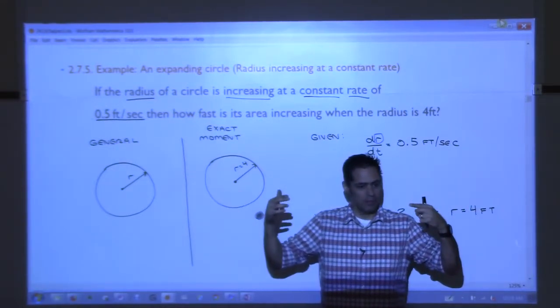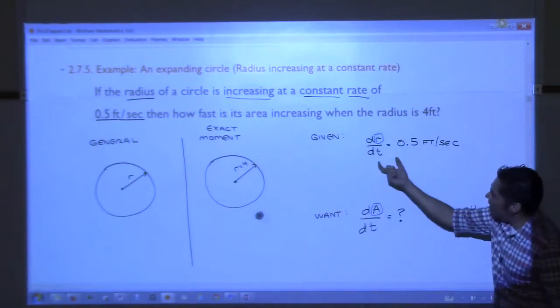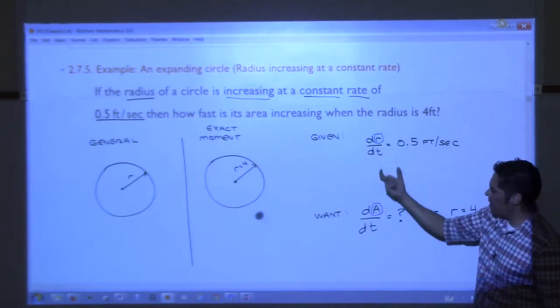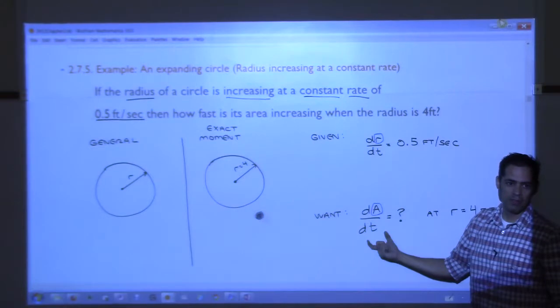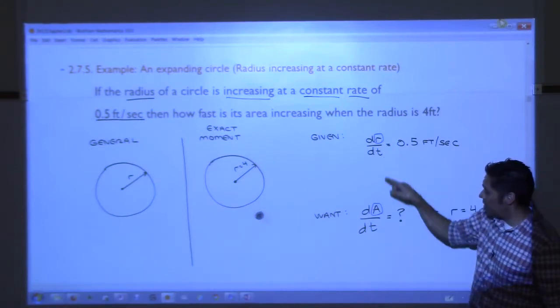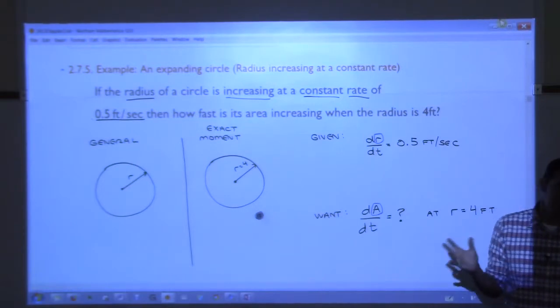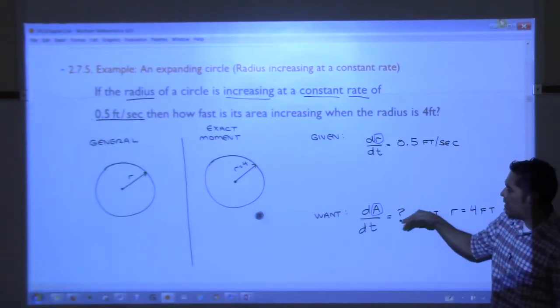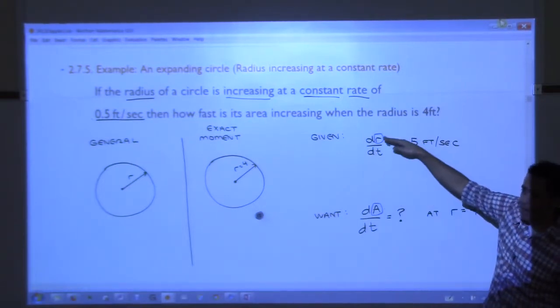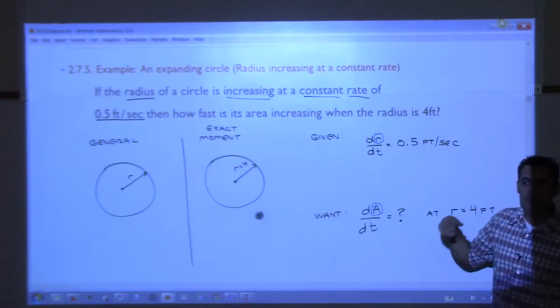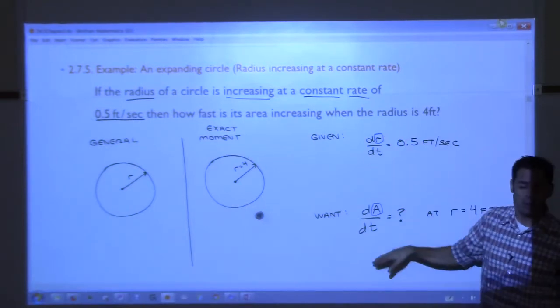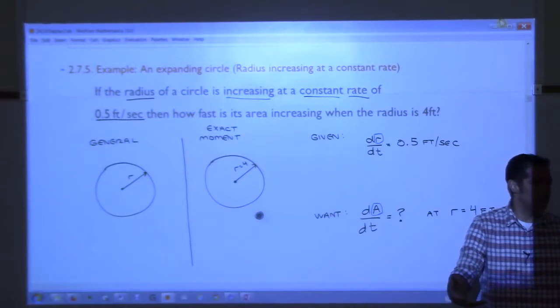I'm given a piece of that, and I want one of those, so my equation should connect these two together. There might be some other stuff in the equation that I don't like, but I have to come up with any equation that relates the area of a circle to its radius. That way I can guarantee these two different derivatives will pop out when I differentiate it.